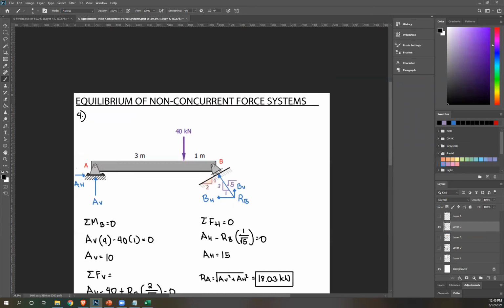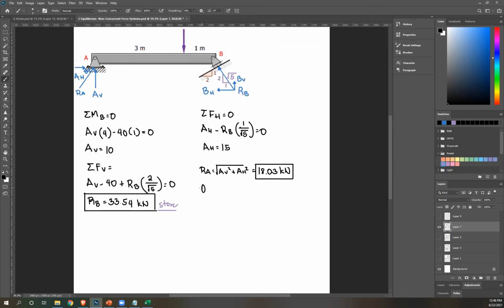So this is actually your RA, right? And we want to know its inclination from the horizontal, theta. We already know the equation for theta. That's just arctangent, vertical over horizontal. Please solve what's theta.